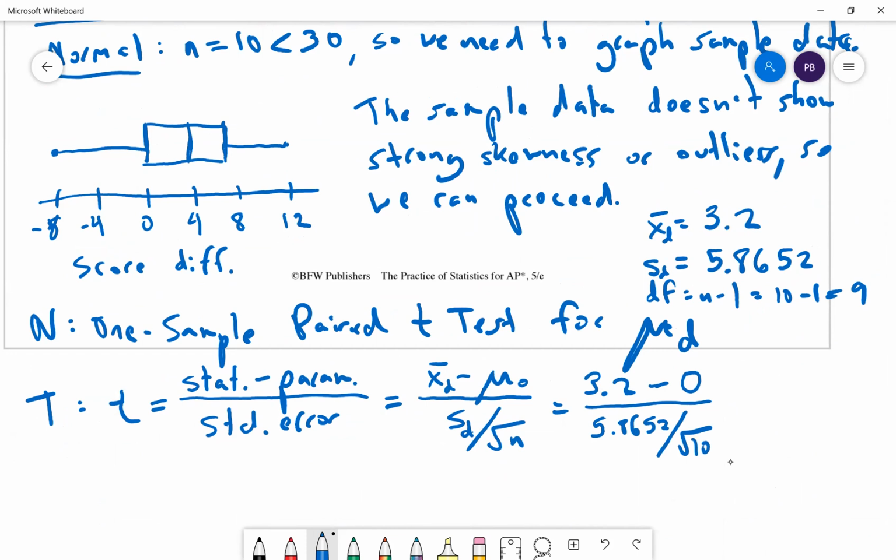That's our sample size. So let's go ahead and put this in the calculator. On top, remember I had 3.2 minus 0. Well, that's just the same thing as 3.2 divided by, and then in the denominator I had 5.8652 over the square root of 10.